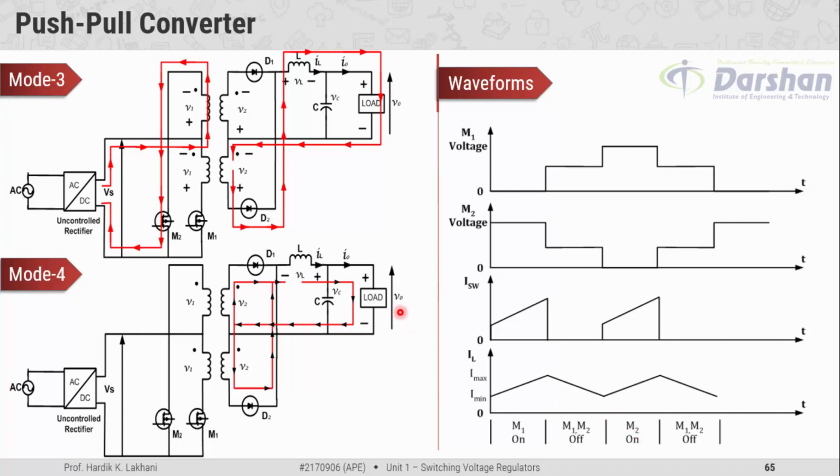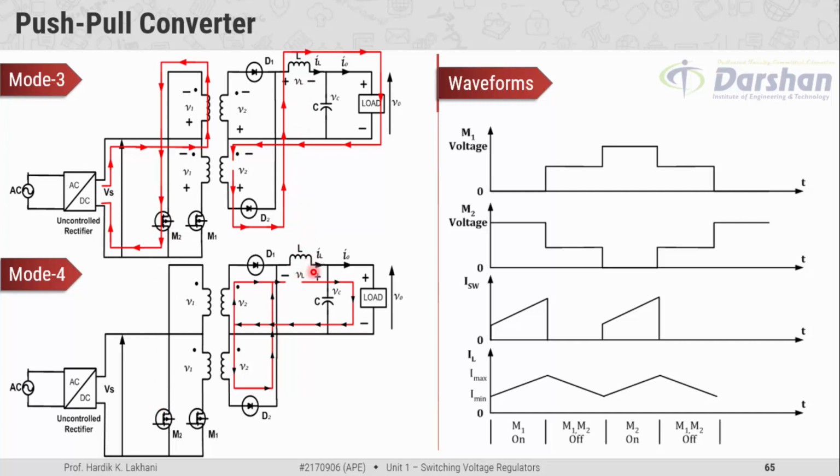That is, whatever energy is stored by this inductor L, that energy gets released into the load via this freewheeling diode D1 and D2. So going from mode 3 to mode 4 operation, as the switching action has taken place, the polarity across the inductor gets reversed.